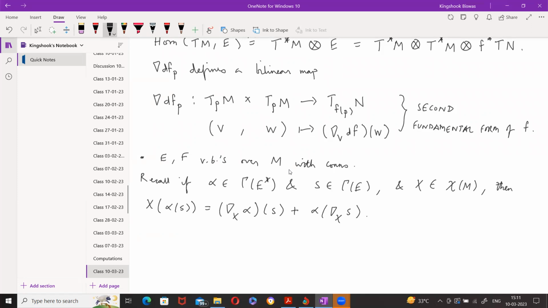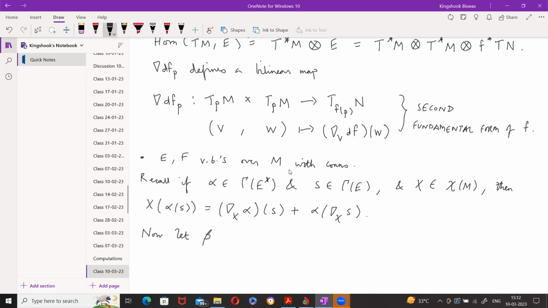Okay. Where, be careful, this nabla X alpha is the induced connection on the dual bundle E star, and this nabla is the connection on the original bundle E. Fine. Is this okay? Yes, sir.